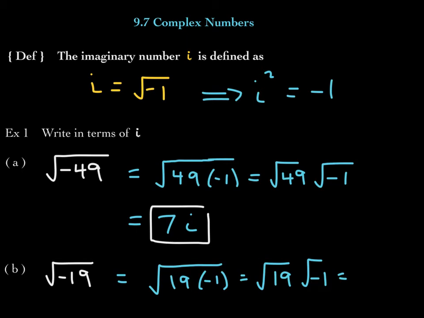Now, the square root of 19 does not simplify like the square root of 49 does, because 19 is not a perfect square, neither does it have a factor that's a perfect square. So the square root of 19 just stays. But the square root of -1 is i. The best place to put the i is in front. So it's i times the square root of 19. That's the simplification for this. That's rewriting this in terms of i.